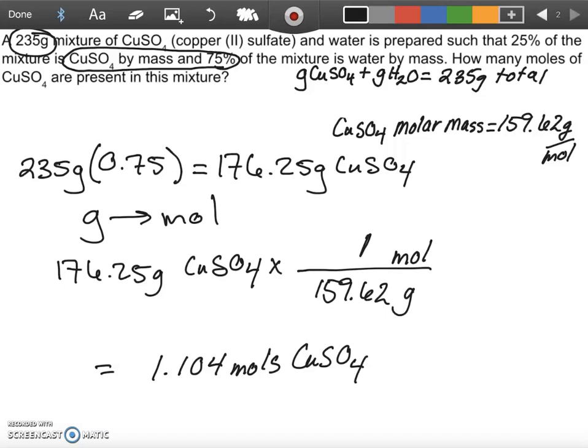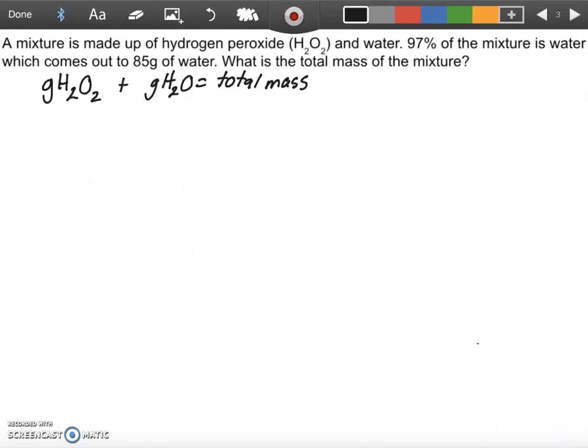Let's look at a little bit more complicated example. A mixture is made up of hydrogen peroxide, H2O2, and water. 97% of the mixture is water, which comes out to 85 grams. What is the total mass of the mixture? Thinking back, we know the total mass is going to be the grams of hydrogen peroxide plus the grams of water.